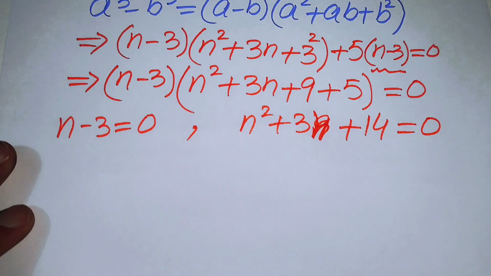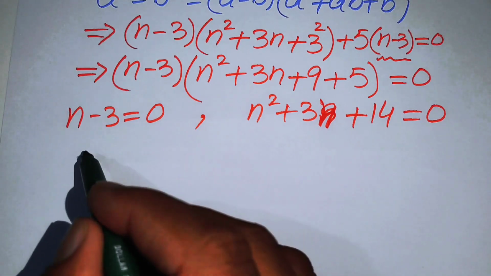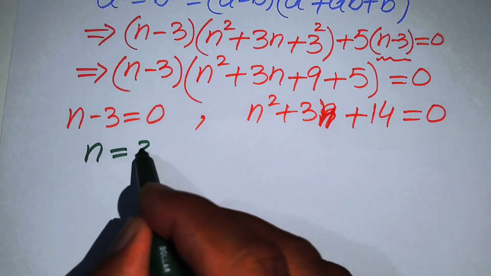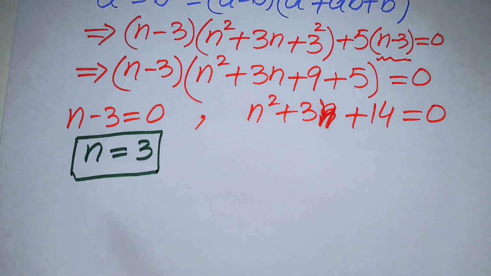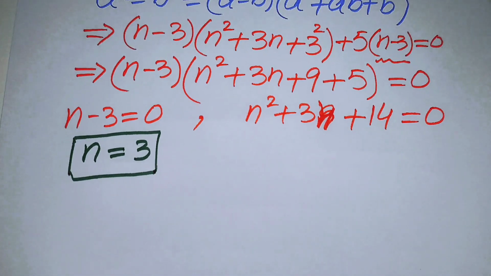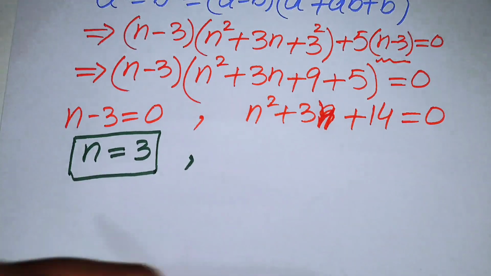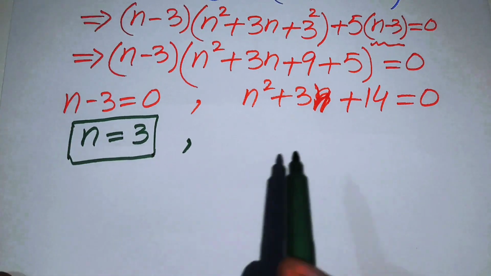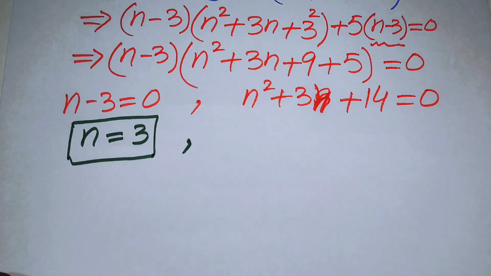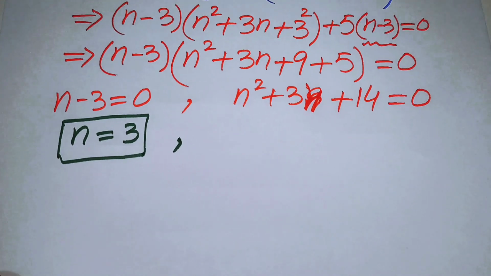In the next step, first I focus on case number 1. The first case is n minus 3 is equal to 0, and here you easily get the first real root of this problem, which is n is equal to 3. Now in order to find the other roots, we will solve this quadratic equation. First I can check whether this quadratic equation has real roots or not by using the discriminant.